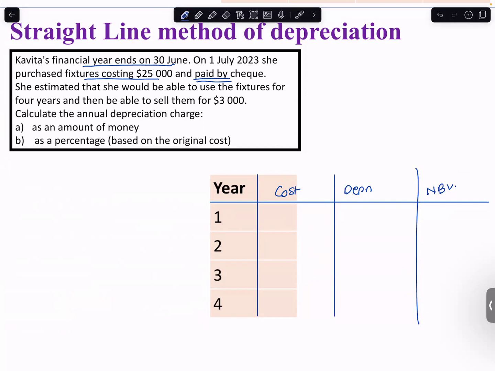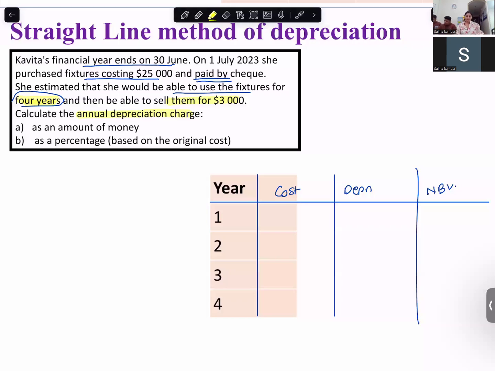She estimates that she will be able to use the fixtures for 4 years, and she is able to sell them for 3,000. Calculate the amount of annual depreciation charge. I'm giving you 2 minutes to try to calculate it.